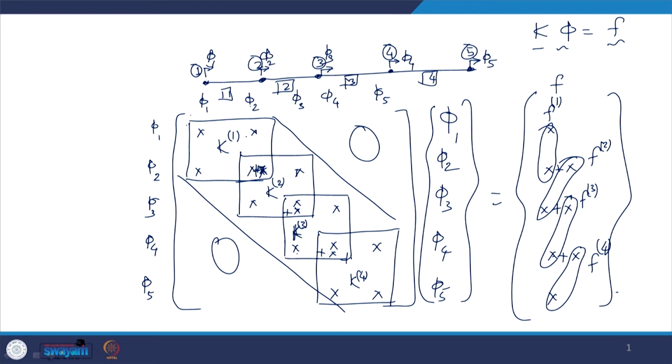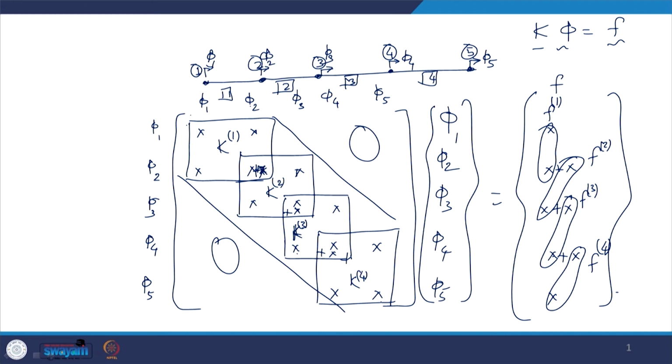It is a sparse matrix, most of the elements are 0 and the entire thing can be compacted in a very small band. Moreover, the Galerkin approach, the weak form, as we already discussed, lends itself to a symmetric structure for the coefficient matrix, and therefore this coefficient matrix is symmetric.